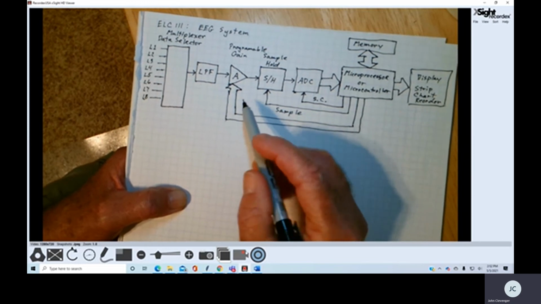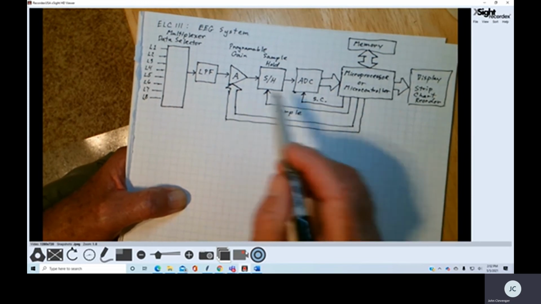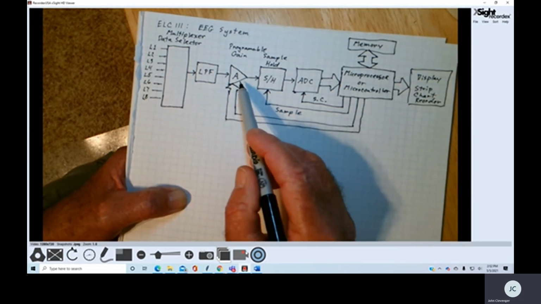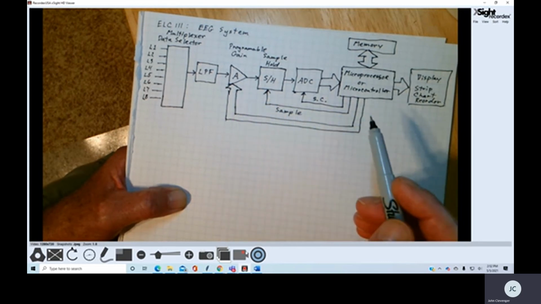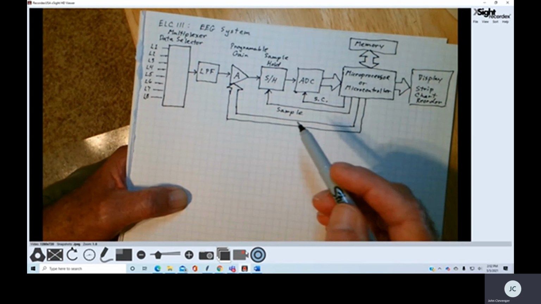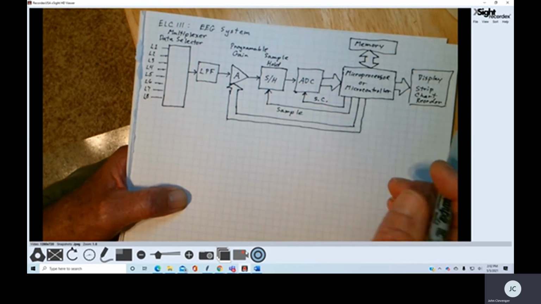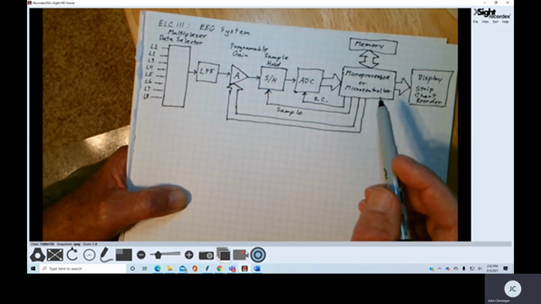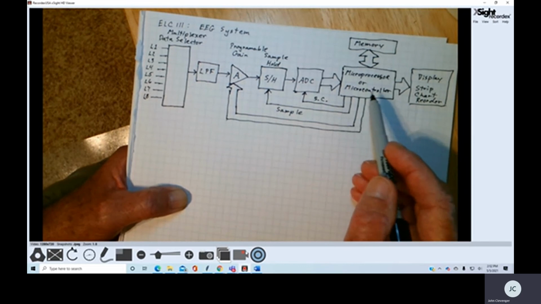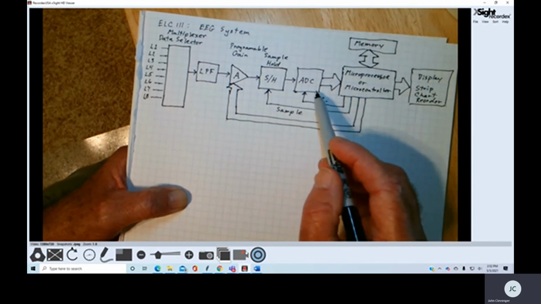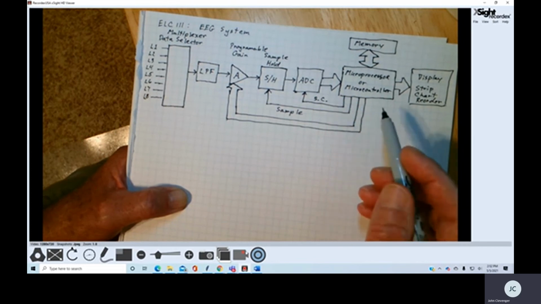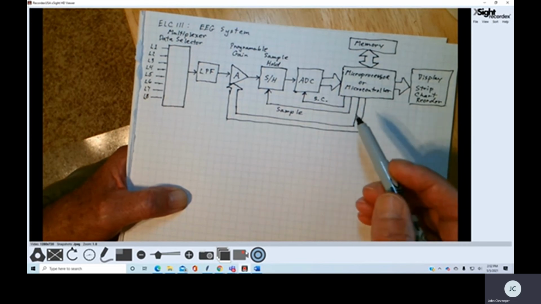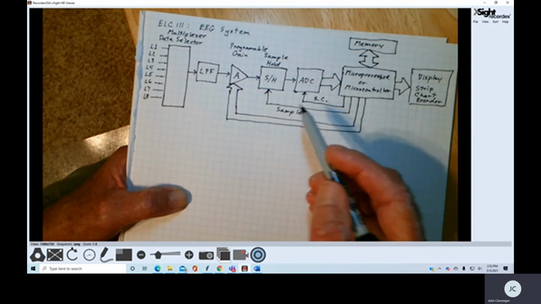So we're going to send some digital information from the microcontroller to this programmable gain amplifier to control the gain of the system. As part of the calibration process, we really want to have the ADC be able to reach its entire range. For example, if it's an 8-bit system, we want to use all 8 bits to store our digital values.